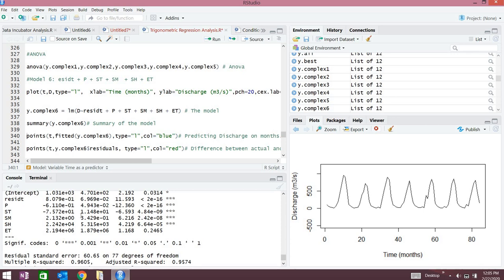Okay. Precipitation is low. After that comes ST. After that comes soil moisture.